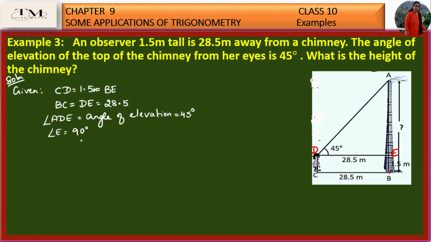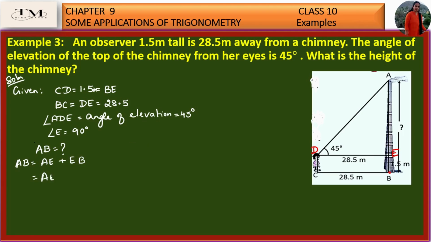Now what do we have to find? We have to find the height of the chimney, which is AB. AB is nothing but AE plus EB.